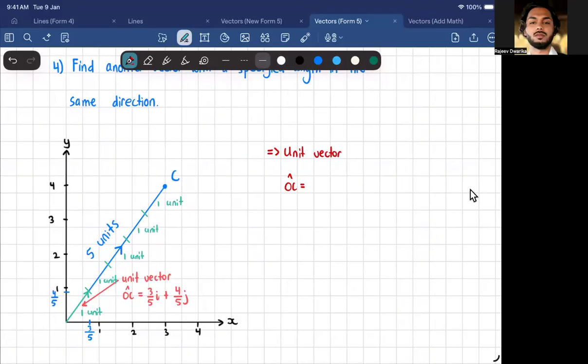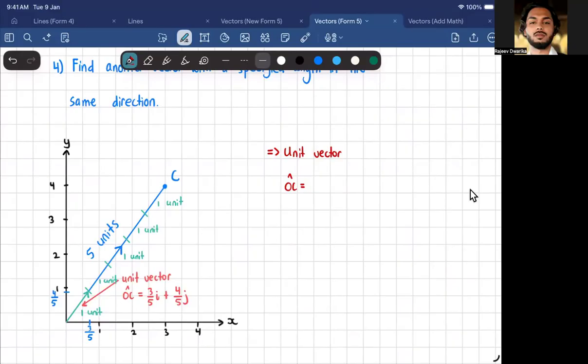All right. So Sky, what was the original vector, the O to C? 3, 4. When we do this topic, I like to say it's in unit vector form. So 3i plus 4j. Right. And to find a unit vector, we just take that and divide it by the magnitude, right?